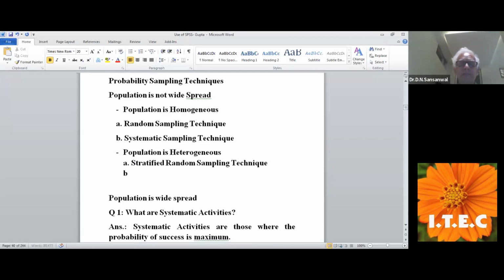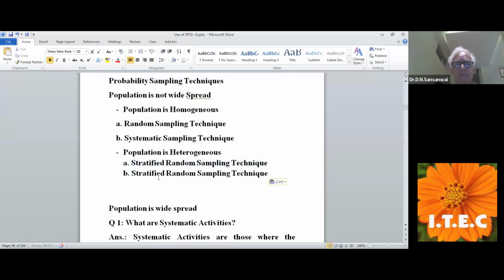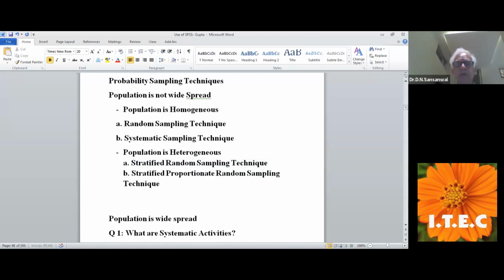And another is stratified proportionate random sampling. So these are the two which will be part and parcel of when your population is not widespread and it is heterogeneous.